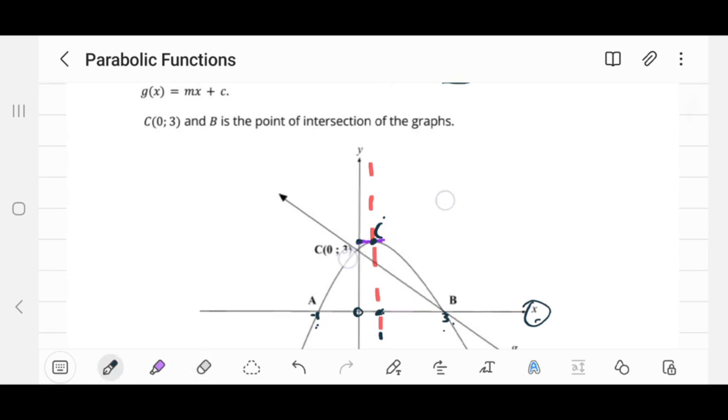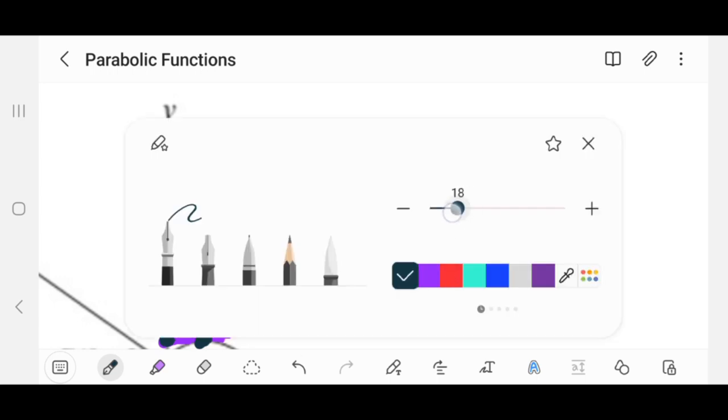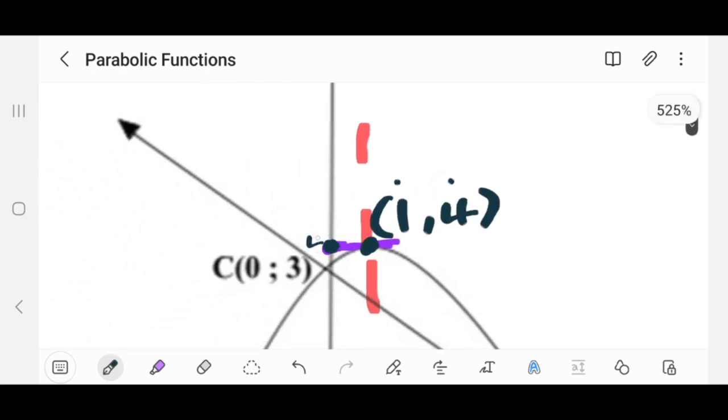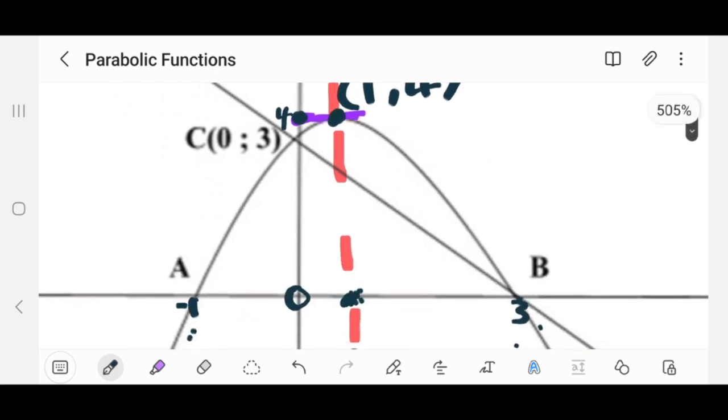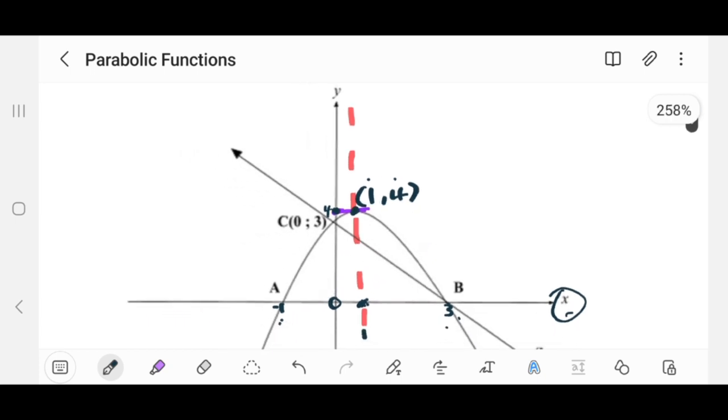The turning point will be (1; 4). This is the y value, and for the range we are focusing on the y values. So the y value here is 4. The highest value on the y axis is 4.